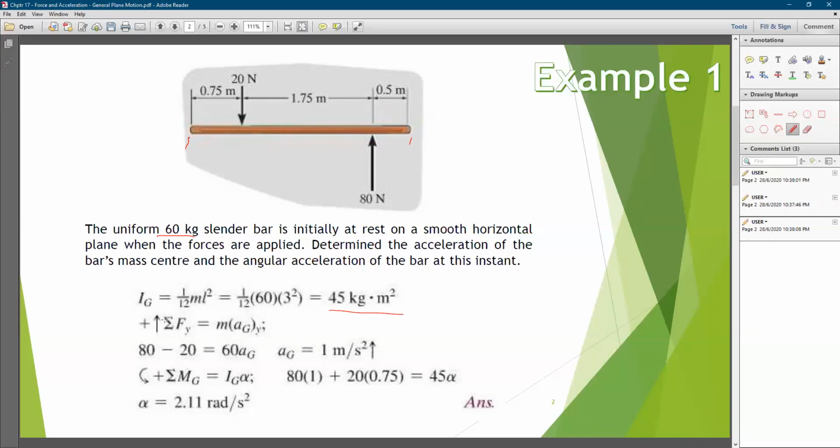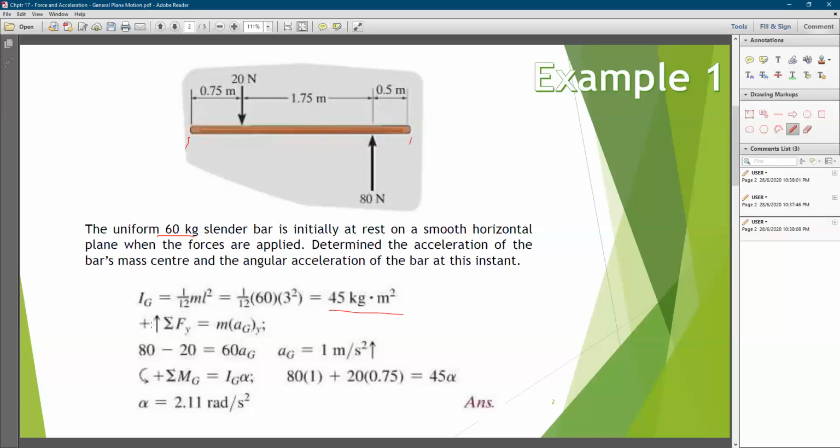Okay, next, we calculate the summation of forces in the y direction. If you notice in this particular example, we don't have any support structure or wheels to support the weight of this bar, and also there are no forces involved in the x direction, in the horizontal direction.